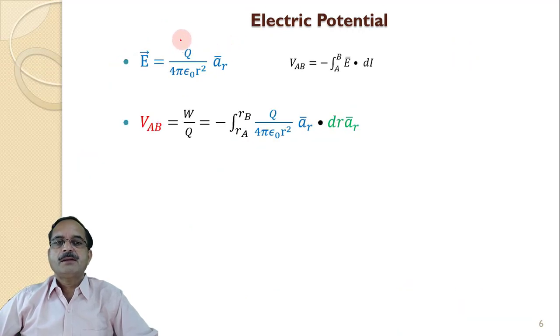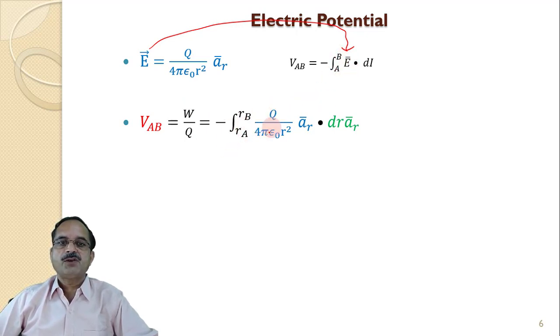Now we have seen from Coulomb's law, the electric field intensity because of a point charge is q upon 4 pi epsilon 0 r square aR. If I substitute this E in the expression for electric potential, we get this equation.